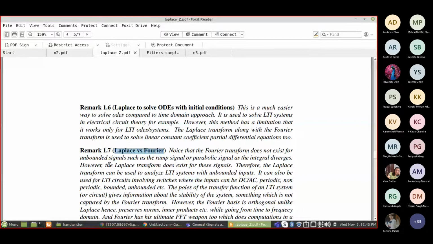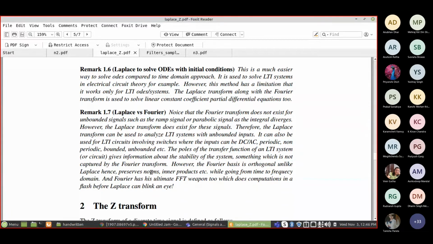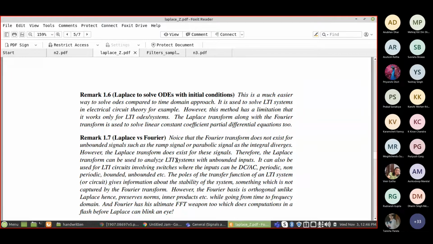This is our geeky matchup, like the famous battles: Tiger versus Lion, Kong versus Godzilla, Batman versus Superman, Ford versus Ferrari. Let us see who is better, Laplace or Fourier. Too bad we don't have a poll here, otherwise we could have taken a poll on who wins.